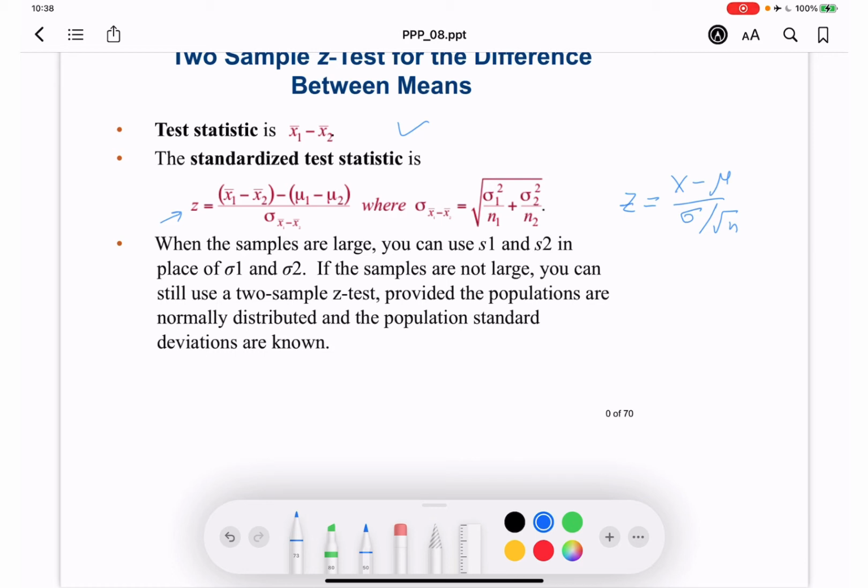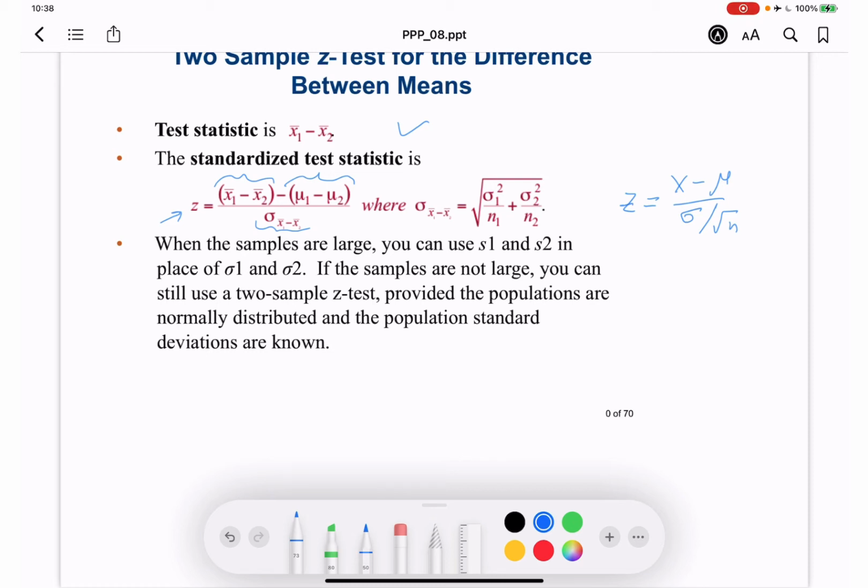So instead of x, now we take the difference, because we have two samples. The difference between sample means, minus the difference between population means, and divide by the standard deviation of the difference between sample means.